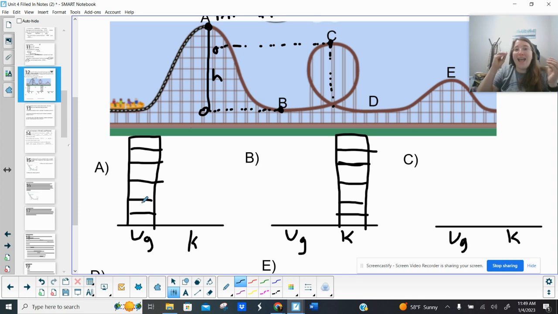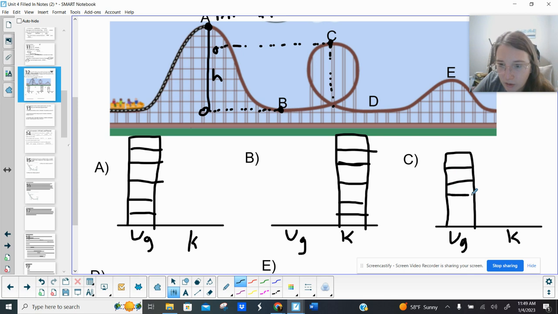No, because it's not as high as it was to start with when I was at 6. So maybe let's say, I'm just making up numbers here. This is just to understand. Let's go ahead and say that it's a height of 5. So I've got 1, 2, 3, 4, 5. It's a height of 5.